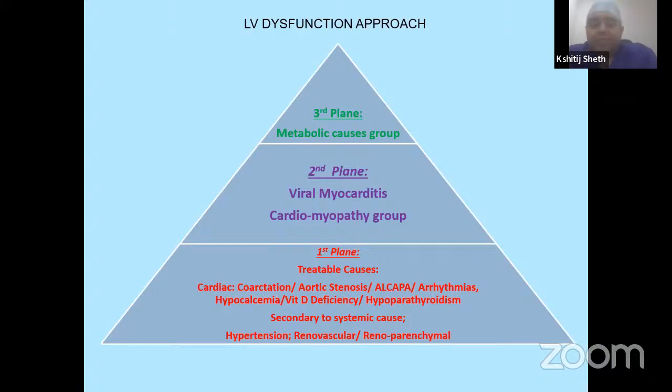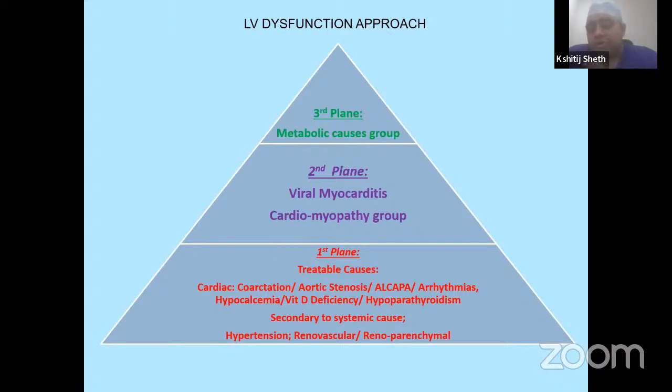It could be some arrhythmia. Also metabolic problems like hypocalcemia, which is very common in low socioeconomic strata, vitamin deficiency, hypoparathyroidism. And then hypertension, an important cause of LV dysfunction, and in the pediatric age group, it is usually due to a renal or renovascular cause. So that is the first thing.